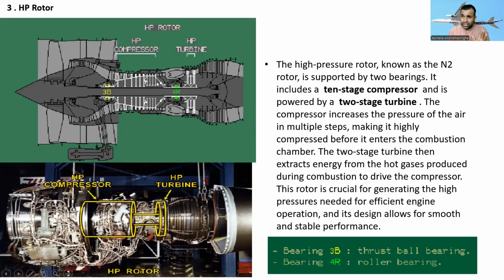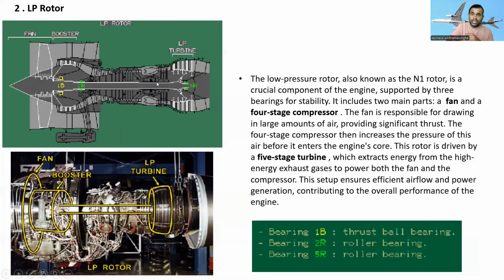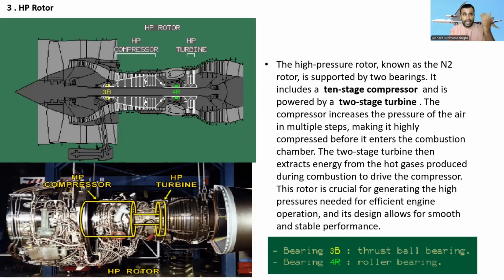Compare the low pressure rotor: it has a fan and a 4-stage compressor in the booster section, and the turbine has 5 stages. But in the high pressure compressor section, there are 10 stages of compressors and 2 stages of turbine.